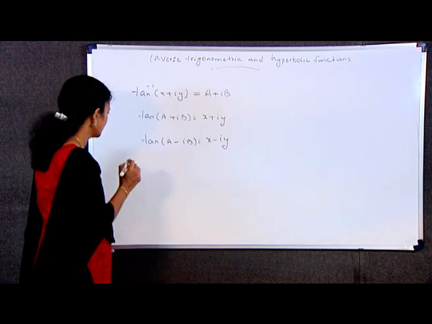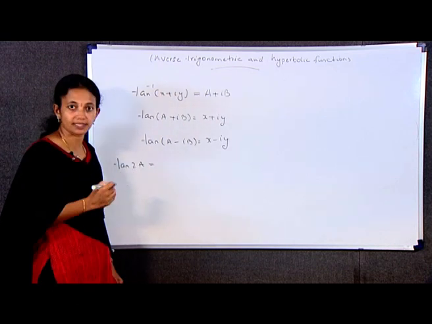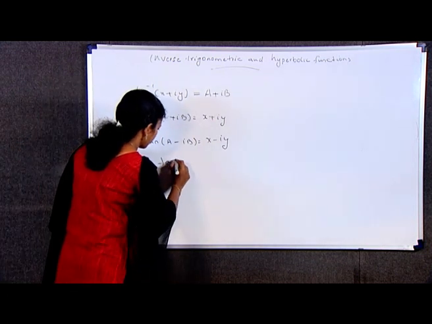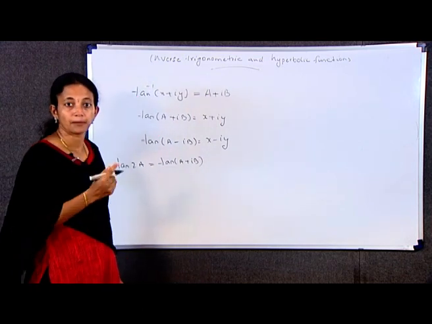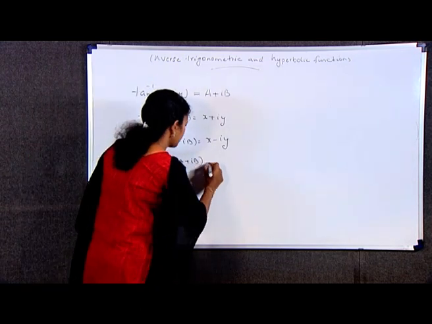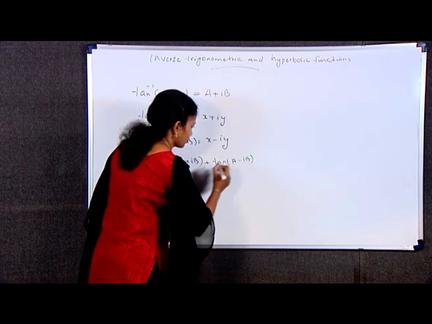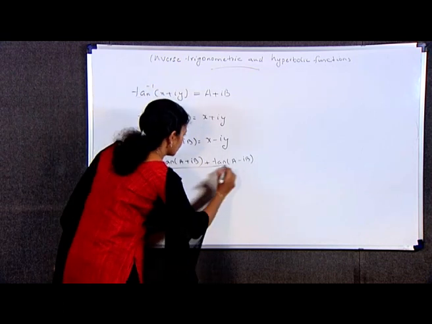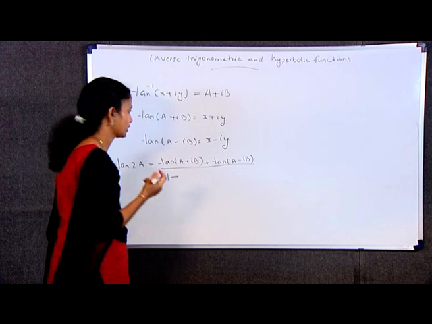Using the identity, it is equal to tan of a plus ib plus tan of a minus ib, divided by 1 minus tan of a plus ib into tan of a minus ib.